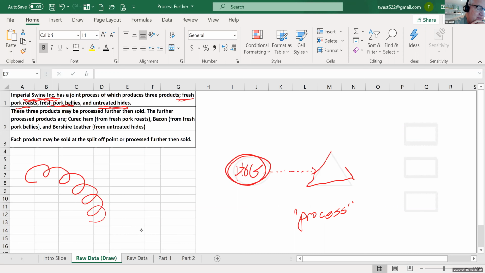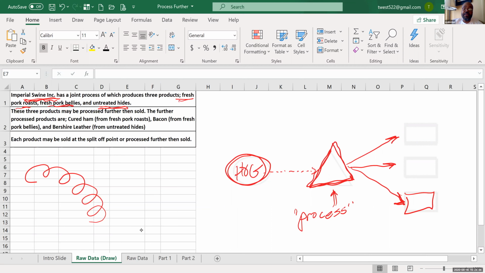Now we can do further processing of these three products for curing. We can cure the ham: we have cured ham from the fresh pork roast, bacon from the fresh pork bellies, and Berkshire leather, really fancy leather, from the untreated hides. So we have a decision.